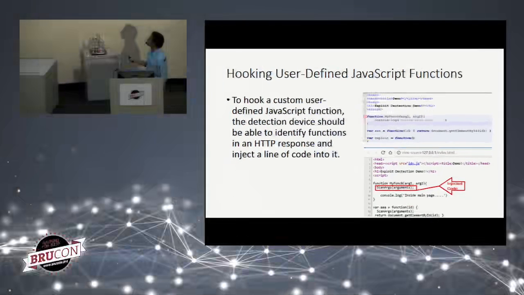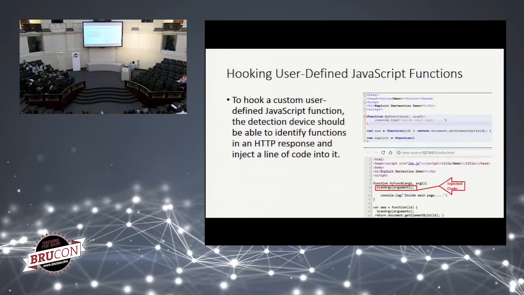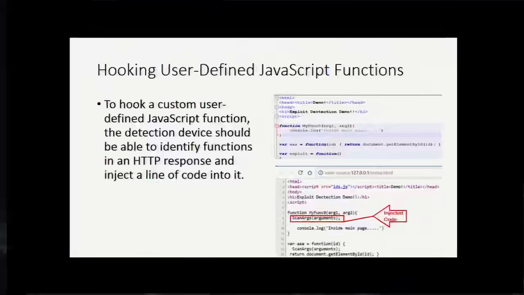In this code snippet, you can see a function defined here, function myfunc, and it takes two arguments, argument 1 and argument 2. When the detection device is in place, it injects a one-line code into it: scanargs(arguments). The arguments object holds an array of all the arguments being passed to myfunc.